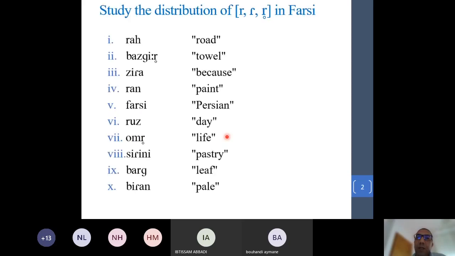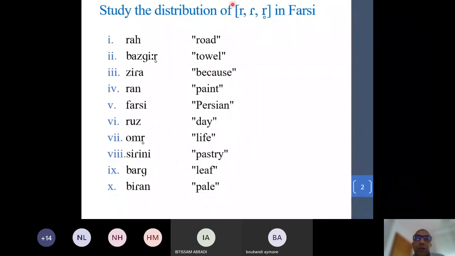Let's start with the data from Farsi that we have probably already seen before the outbreak of the pandemic. Have a look at this data from Farsi.